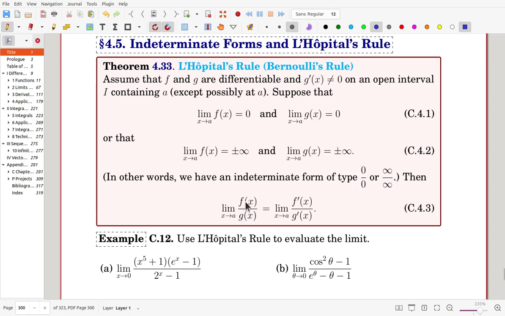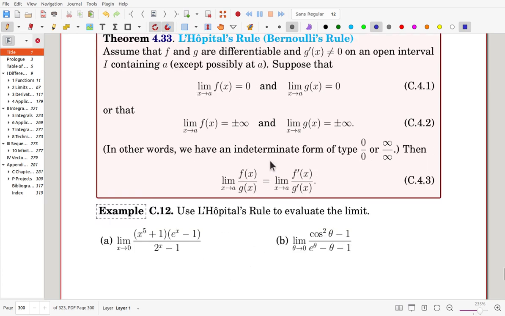But both should go to 0, or both should go to infinity or minus infinity. Then the limit will be the same as the limit of f prime over g prime. You take the derivative of both top and bottom separately and find the limit of the ratio. That is L'Hopital's rule, sometimes called Bernoulli's rule.